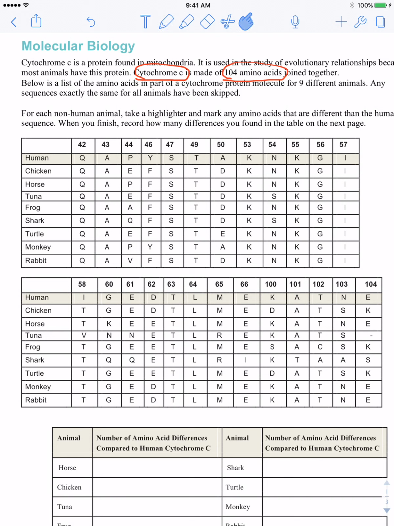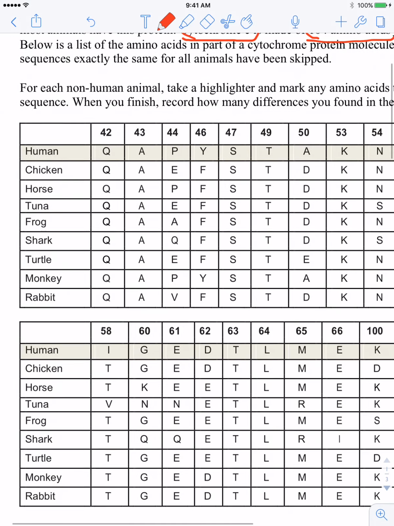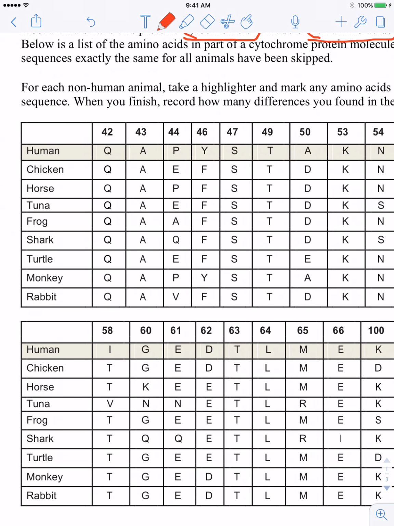What you're looking for is the differences. So if we go to 42, and we're looking at the human, the chicken, the horse, and all the other ones underneath it, they all have a Q. And we're looking for any that are different from humans. So if they all have a Q, then we're okay.